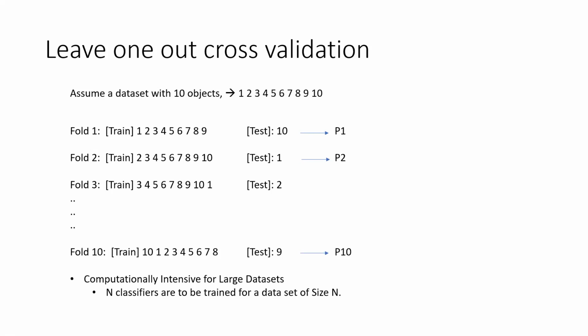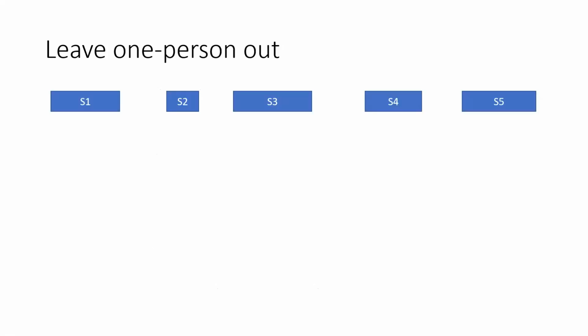So the problem with this approach is that it is computationally intensive for a large data set, and the number of classifiers that you have to train will be too many. But for a smaller data set, this is still a viable approach, and there's no harm in doing that. Even for a small data set, though, it will be computationally intensive.